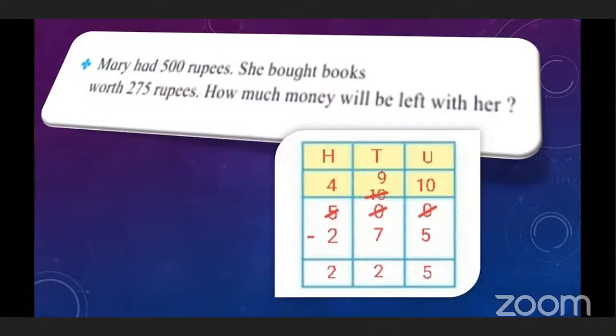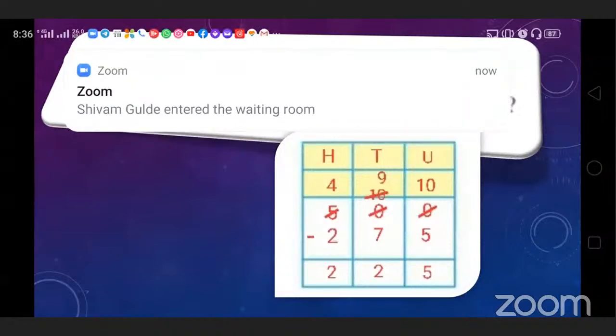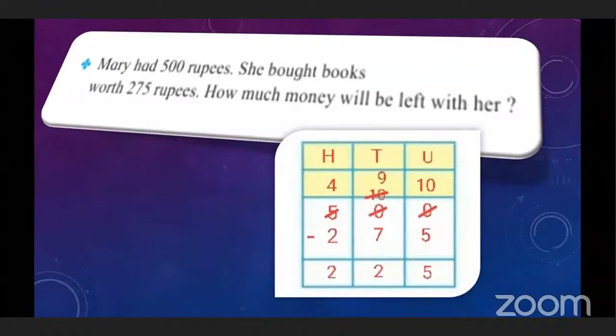Okay. Mary had 500 rupees. She bought books worth 275 rupees. And the third one is, how much money will be left with her? For this purpose, we have to subtract 275 rupees because she spent that money to buy books.